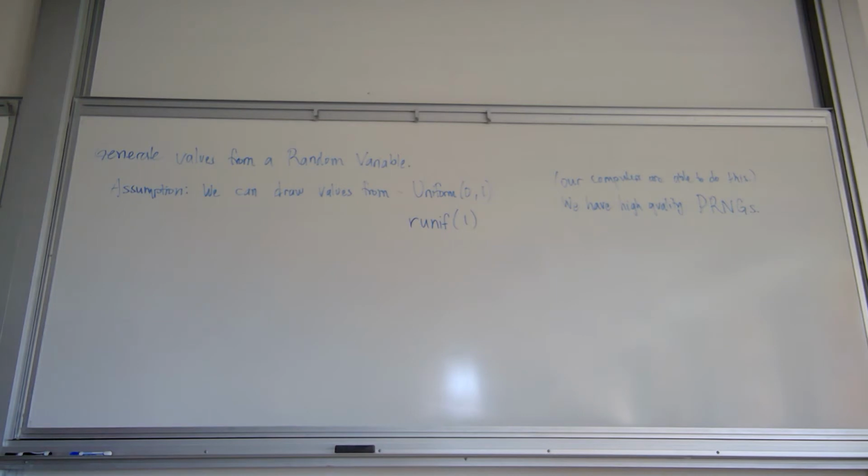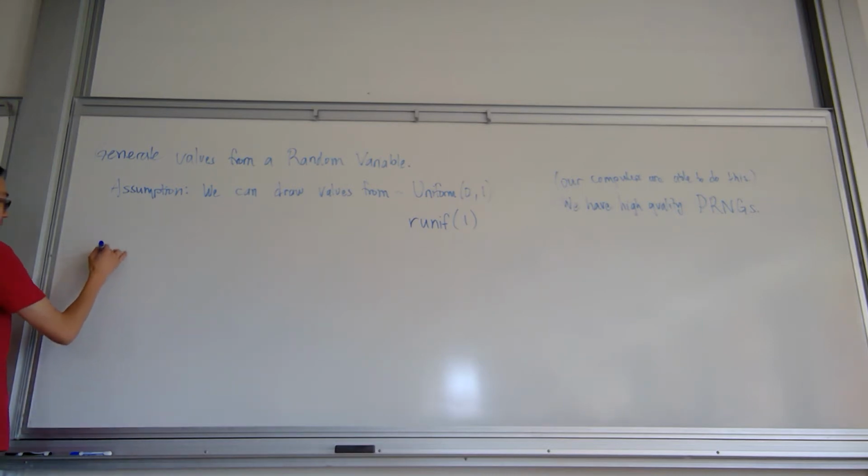Okay, so anyway, we're going to assume that we can draw values from the random uniform distribution, okay? And we will start with the most basic form to get random values, and that is called the inverse CDF method, okay?